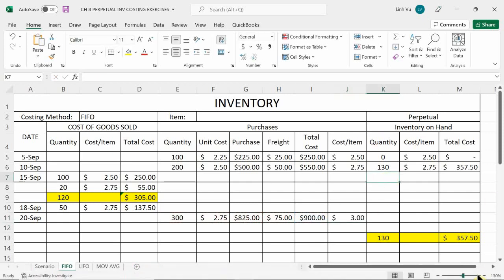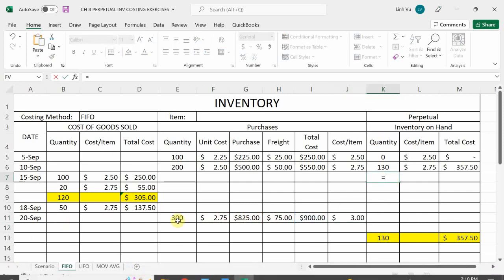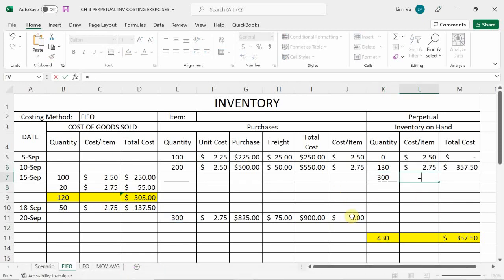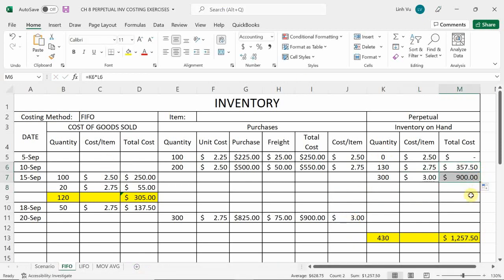So add this batch into my inventory on hand section, which costs me $900. Now I have a grand total of 430 units available to sell.